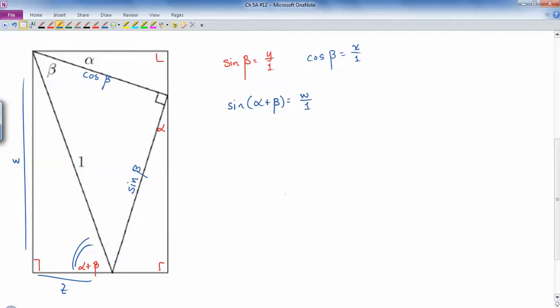So sine alpha plus beta is really W. In the same way, if I did cosine alpha plus beta, I'll get Z over 1, so Z down here is really cosine alpha plus beta.